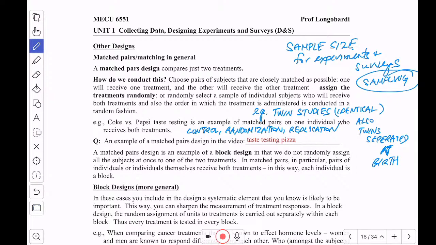Okay, the easiest one to start with is replication, right? The replication is just many individuals showing up at the kiosk.